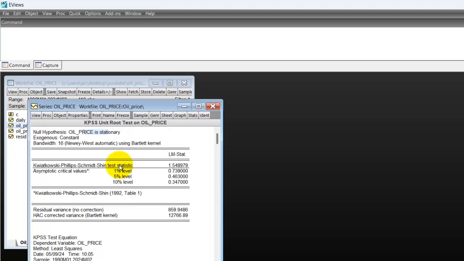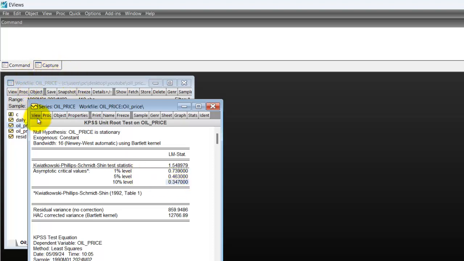The critical values. Now, if you look at the value of the KPSS test statistic, you will see that it is greater than the critical values at 1%, at 5%, and at 10%. So, based on these results, you can conclude that oil price is non-stationary at level.